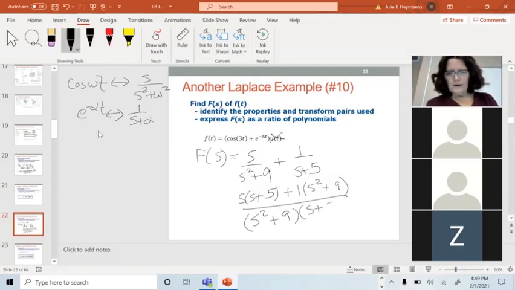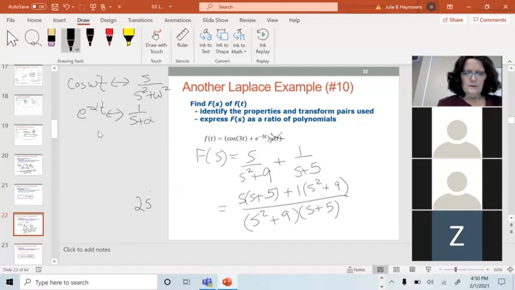S plus 5. It's an algebra mistake waiting to happen. I'd be surprised your calculator can't do this. So I have 1s squared, I have 2s squared. I have 5s, and I have 9.